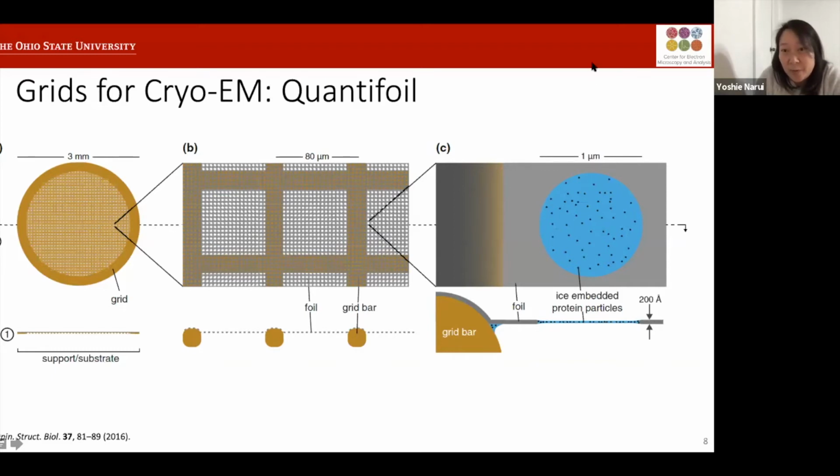This one is 1 micron in diameter, and you can see that each square contains hundreds of holes inside. So the idea is the water layer with your protein will span that hole and essentially create a very thin layer of particles that are frozen and can be imaged by the microscope.